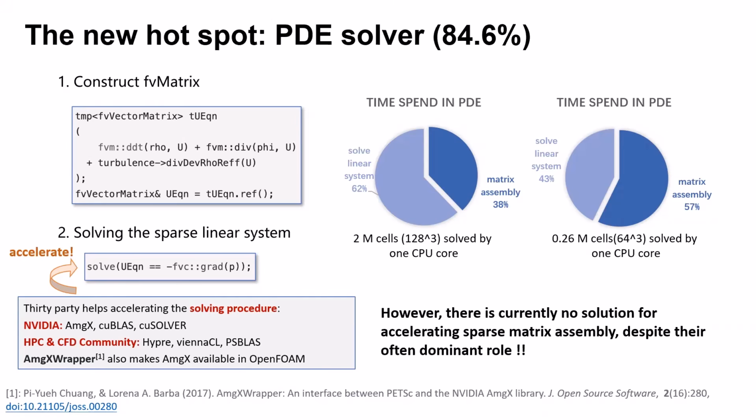In our general thinking, this solving procedure is the main bottleneck, and it is also an important problem in the HPC community, CFD community, and also the applied mathematics community. So there are many third parties helping us to accelerate this solving procedure, for example cuBLAS, cuSolver, and AmgX, which are provided by NVIDIA, and Hypre, ViennaCL, and PETSc, which are provided by the HPC and CFD communities.